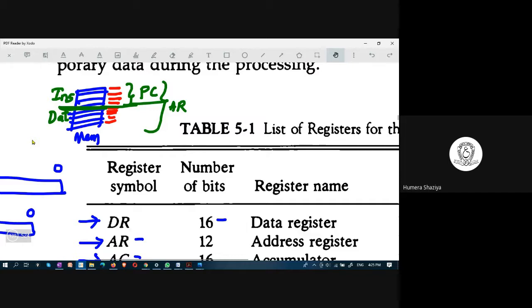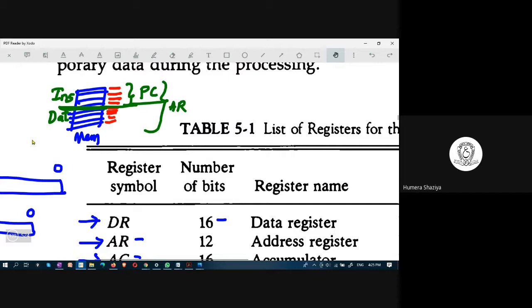Did you understand this clearly? Yes, ma'am. Remember, this is very important. There is a confusion here. PC will always store the address of the instruction.